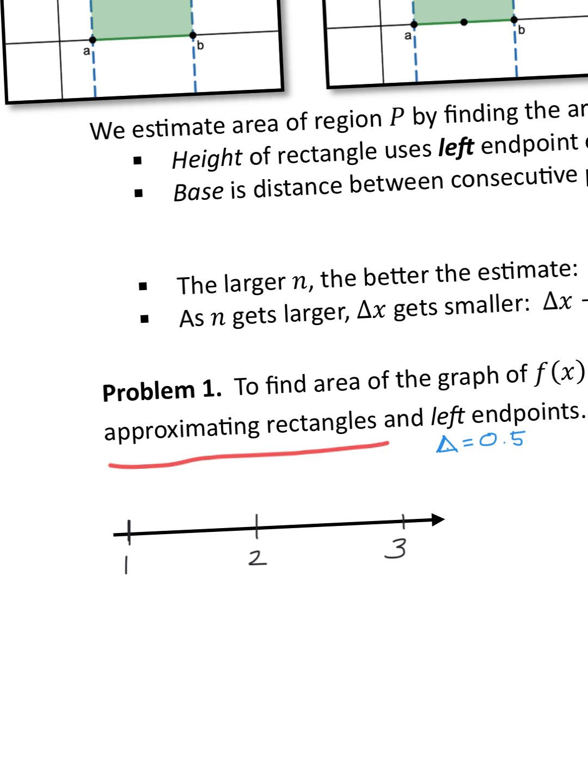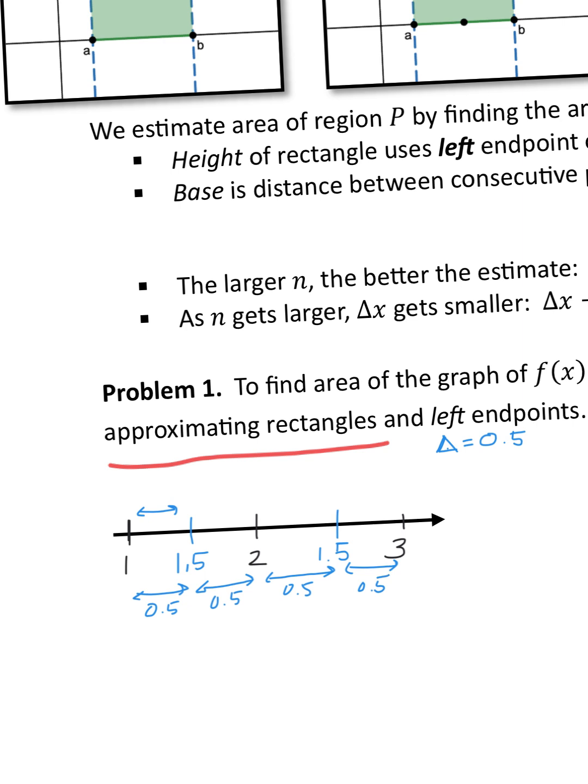Since I'm going to have 4 subintervals, the distance between each of these points is going to be delta x, or 0.5, meaning that these points that you see listed here are the partition points, since the distance between each one of them, as you can see from subtracting those 2 consecutive points, is 0.5.